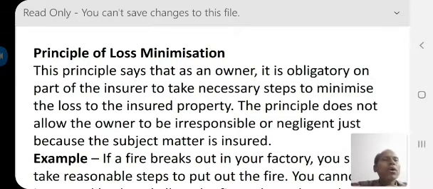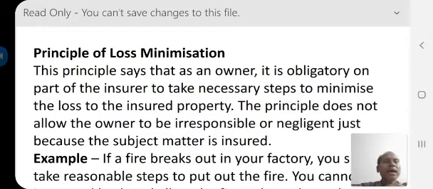The insured should take all the measures to minimize the loss to the property at the time of risk, at the time of contingent incidents, unexpected incidents.